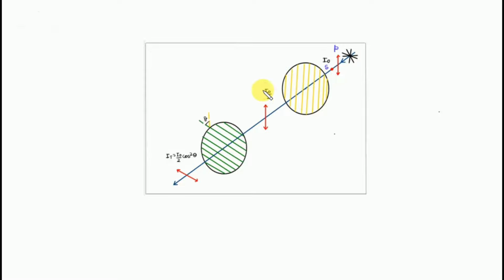That is, the light whose intensity was I0 by 2 after passing through the polarizer, when passed through this analyzer, having its transmission plane at an angle theta relative to the transmission plane of the polarized light, will show the variation formulated by Malus. That is, IT in this case would be I0 by 2 cos square theta.